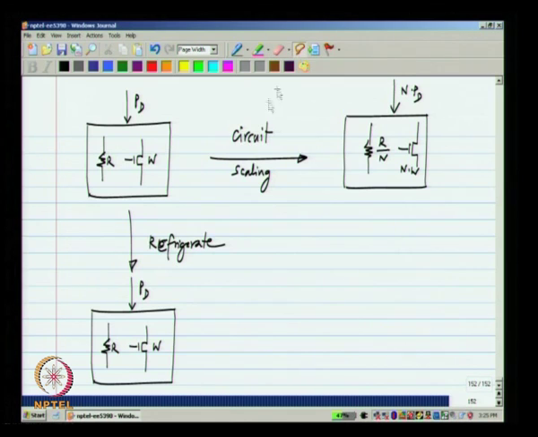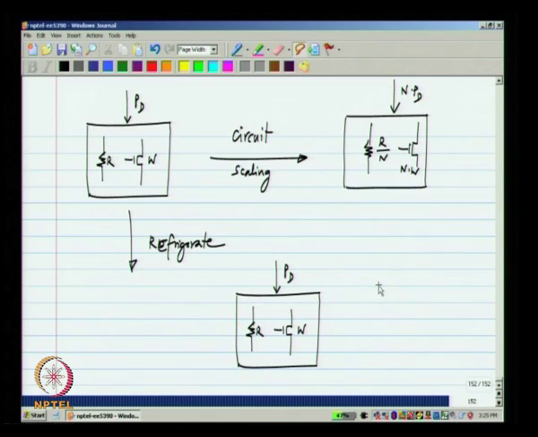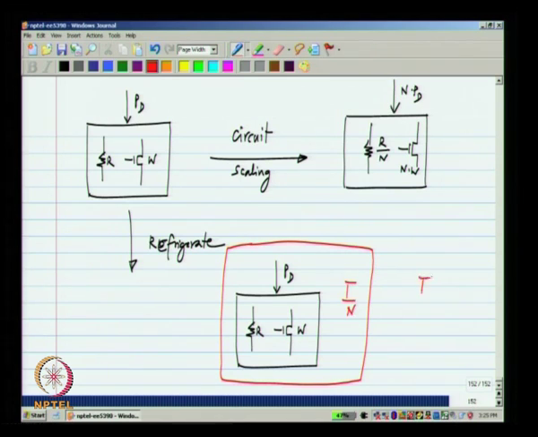Okay. Let me show the refrigerator outside this one, and inside this the temperature has to be T by n and outside is T, that is the assumption. It is the same ambient temperature at which the original circuits are operating. So, for me to sustain this condition, I will have to have a mechanical power input of n minus 1 times PD.